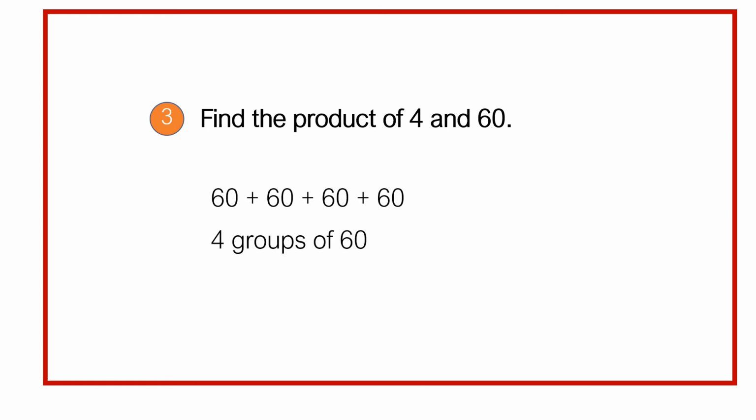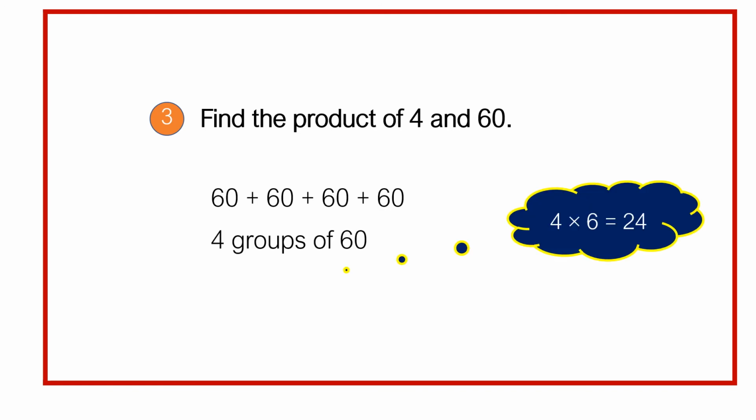We can have 4 groups of 60, which is the same as 240. But actually you need to see that 4 times 6 is 24. Then you bring this 0 to the ones place. So all together we come up with 240.